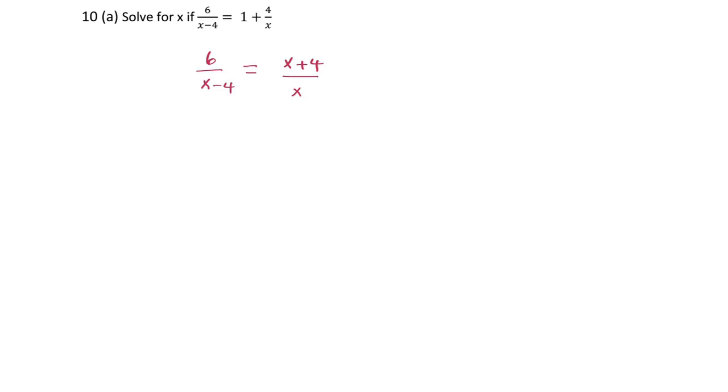Next let us cross multiply this equation. We are going to have (x minus 4) times (x plus 4) equals 6x. Next let us expand the left hand side.